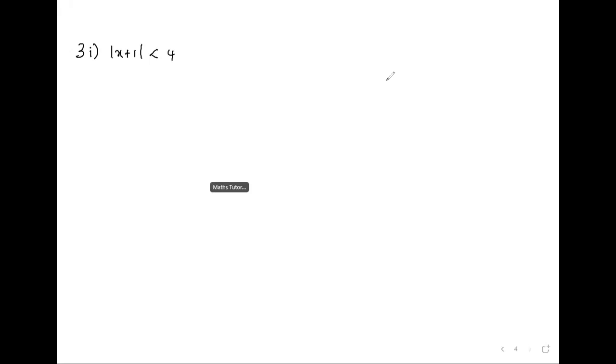To solve this inequality, you remove the absolute value by putting plus or minus: x + 1 < 4.